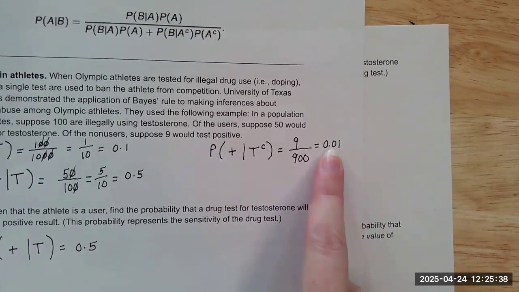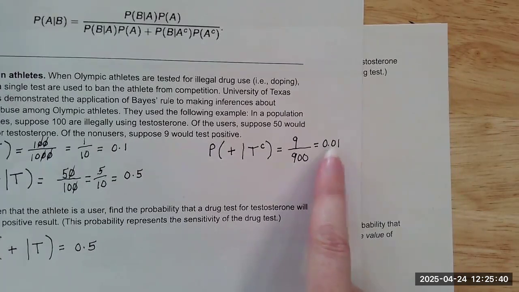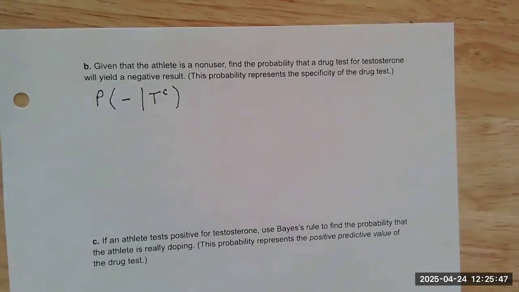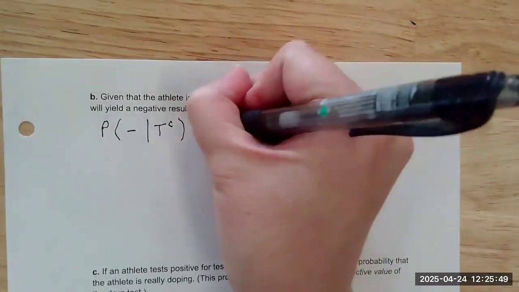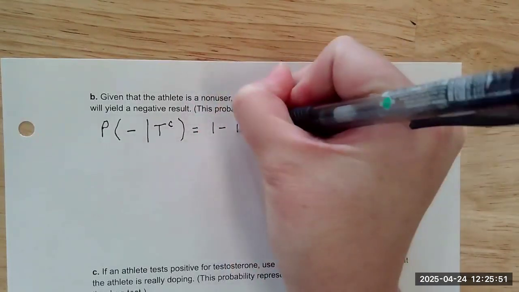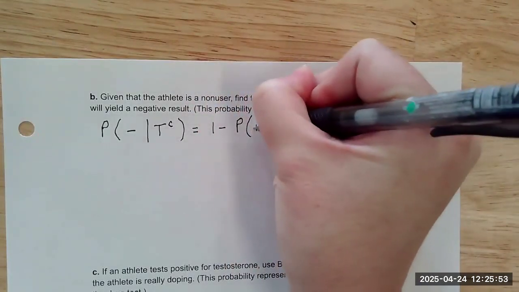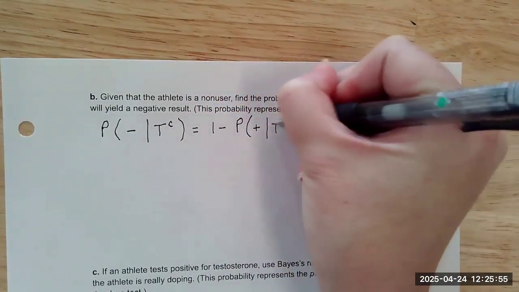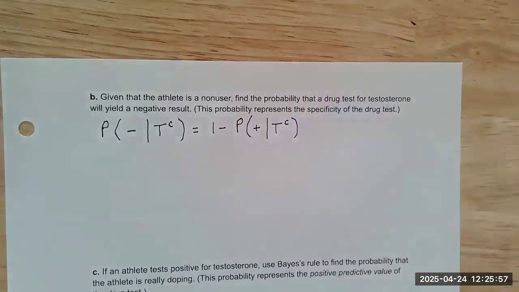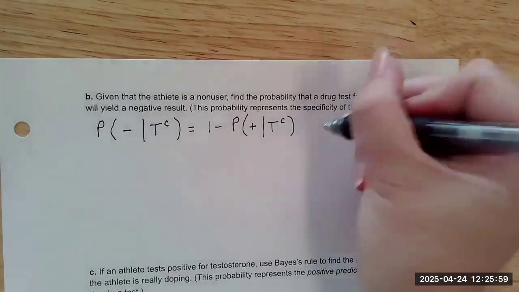Yeah, it should be the complement of what we've got. So I can do 1 minus this 0.01, and that should give me the answer to this. So I'm going to say 1 minus the probability that we tested positive, given that they're a non-user, because that's what I already have.